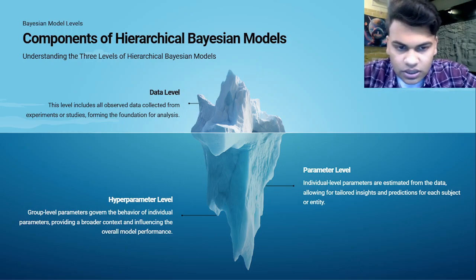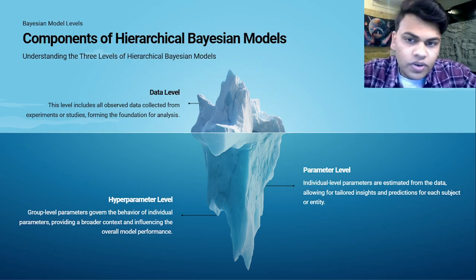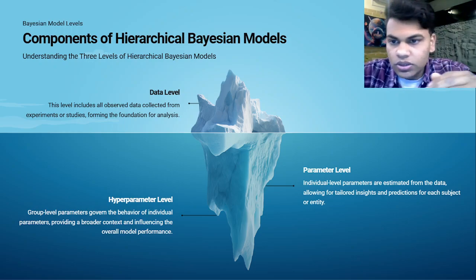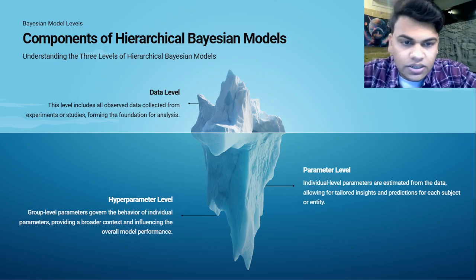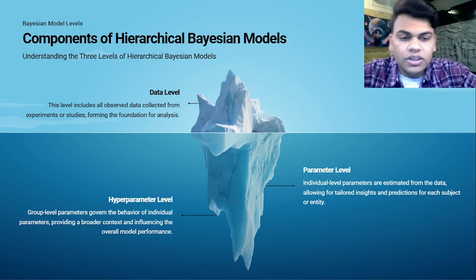So this is just an abstraction of the hierarchical model, in that it has different levels. There's the data level, which is the highest level of abstraction. Then there's the parameter level, where we create parameter spaces, or the classes of parameters.